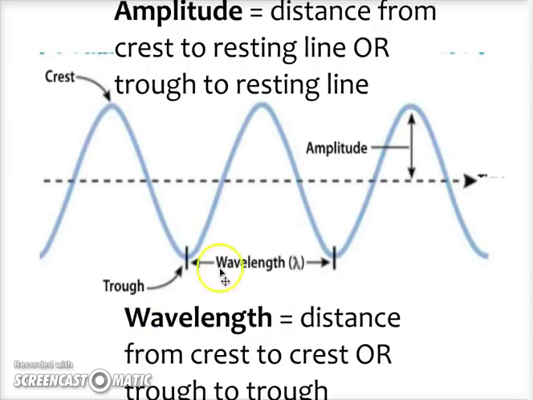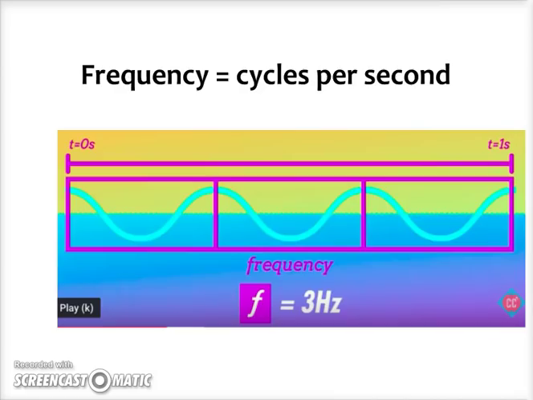The wavelength is the distance from crest to crest or trough to trough. So it's basically from here to here or here to here on any given wave. We already talked about the frequency, and the frequency is how many cycles it has per second.